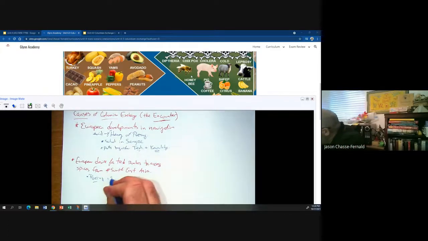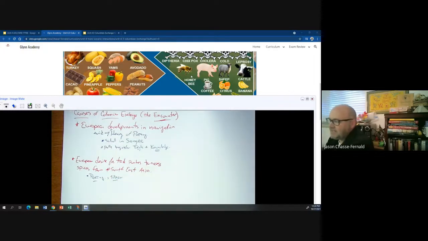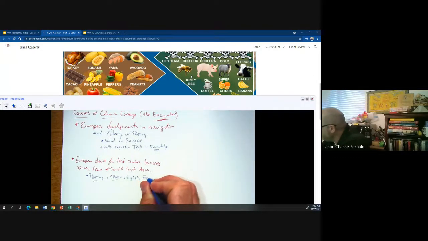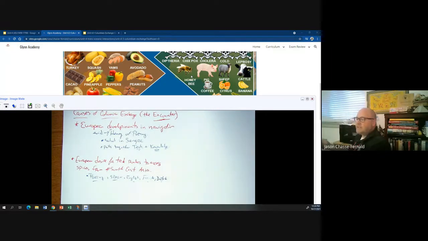Obviously, this is the reason why Spain, right? Why did Spain commission Columbus? Why did Spain pay Columbus, an Italian, right, Genoese? Why did they give him the Nina and the Pinta and the Santa Maria? They're looking for spice, right? They're looking for routes. And of course the English, the French, and eventually the Dutch are all going to be looking for these routes, which is all going to then result in colonization.